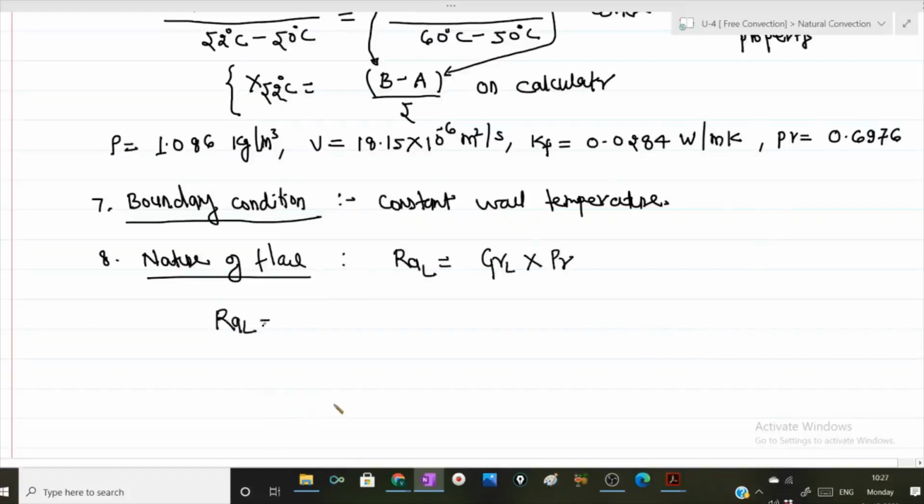So, Ra_L, Grashof number is given as g into beta into delta T into L cubed over nu square, and Prandtl number is Prandtl number.